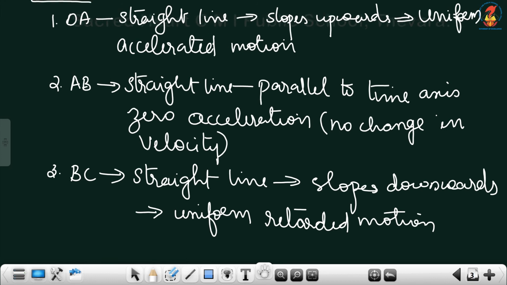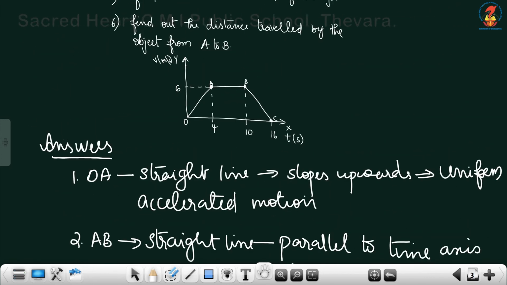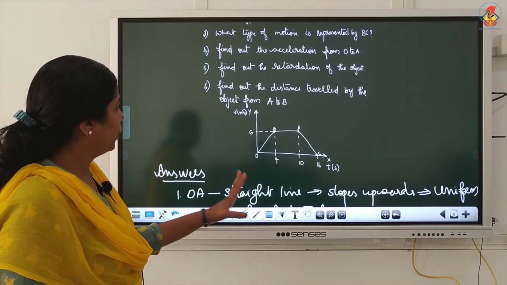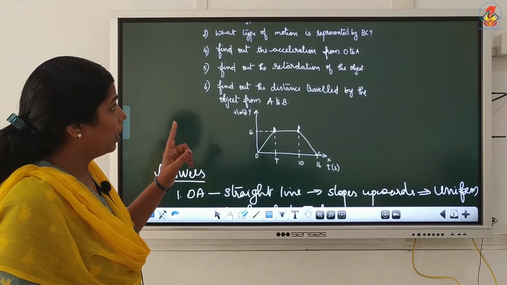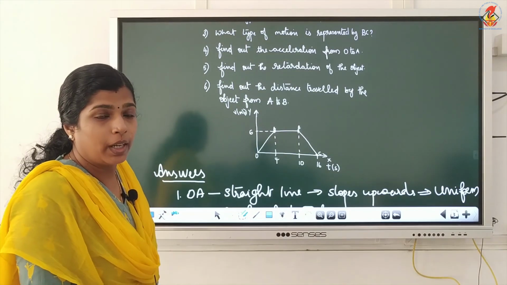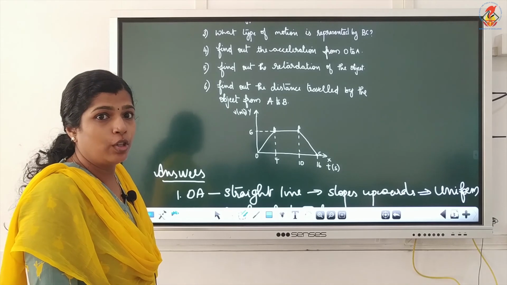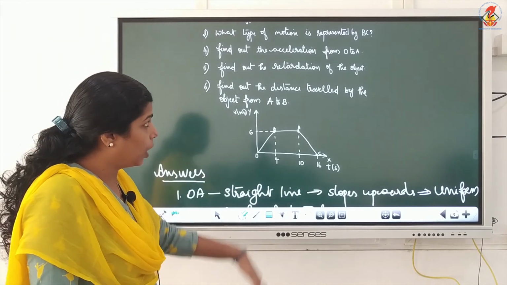Then fourth one, find out the acceleration from O to A. Fifth one, find out the retardation of the object. Retardation means the acceleration should be negative. Acceleration is negative means the slope is downwards.